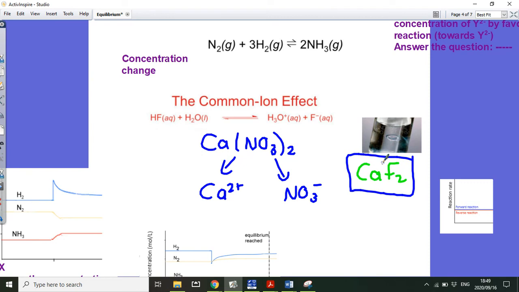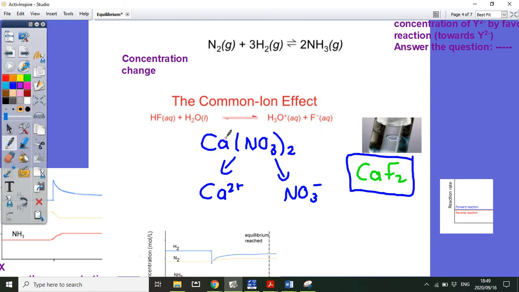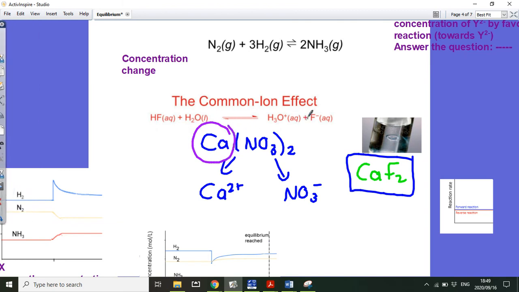When you see that, you need to look for something that you're adding that will form this insoluble solid. One of the ions will be in the substance that you're adding, and one of the ions will be in the solution. So here you can see I'm adding calcium that will steal the F minuses out, and together they will form the precipitate. And this is a solid.